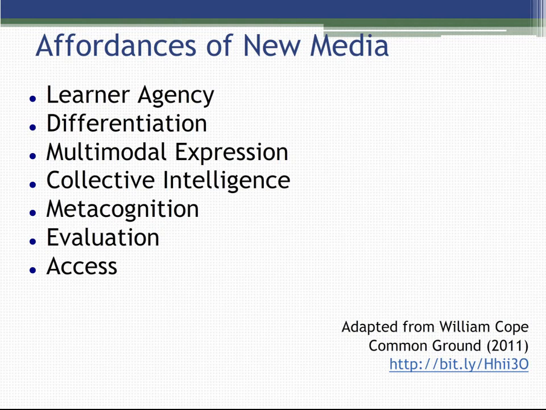All of this comes with the additional benefit of having access to workspaces, information, communities, and tools wherever and whenever we want. Understanding the particular affordances of the tools we might use is very important because it helps us know which tools can help students demonstrate a particular outcome.